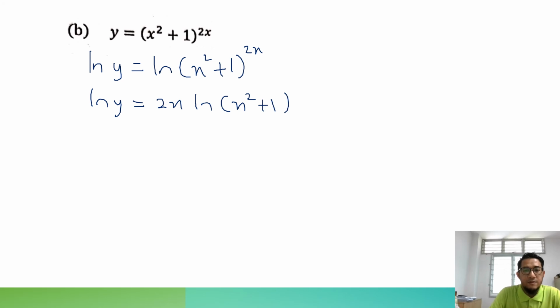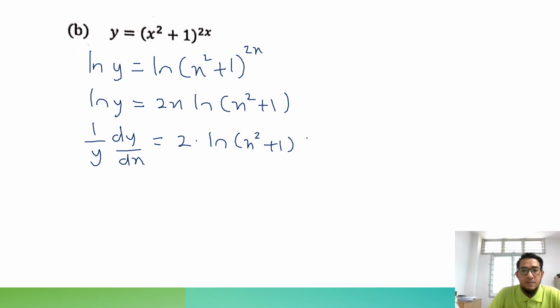And then we can differentiate: 1 over y dy/dx equals, for this one we have to apply the product rule. So 2 times ln of x squared plus 1, plus 2x times 1 over x squared plus 1 times 2x.